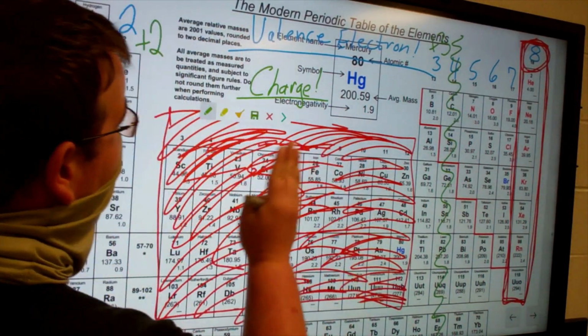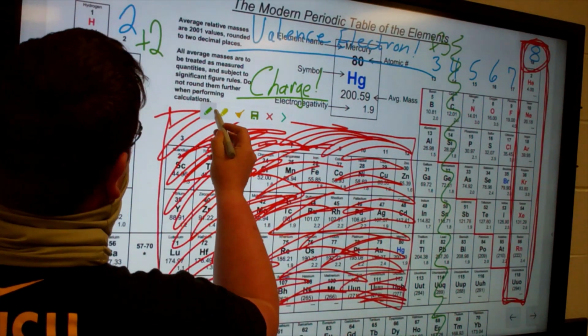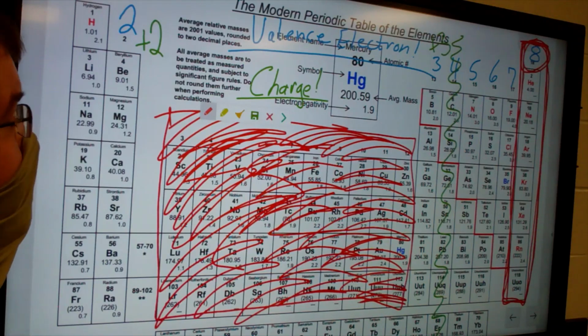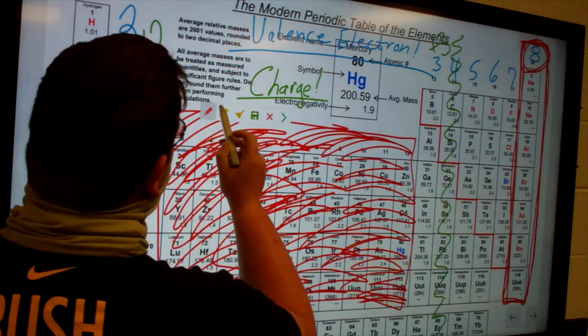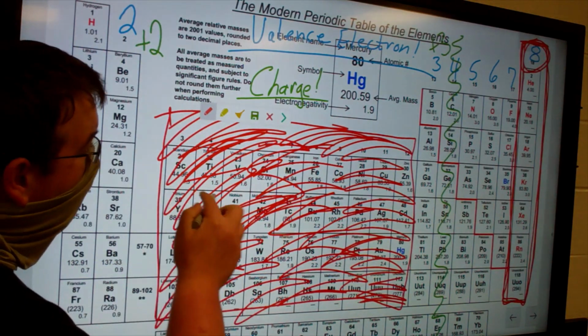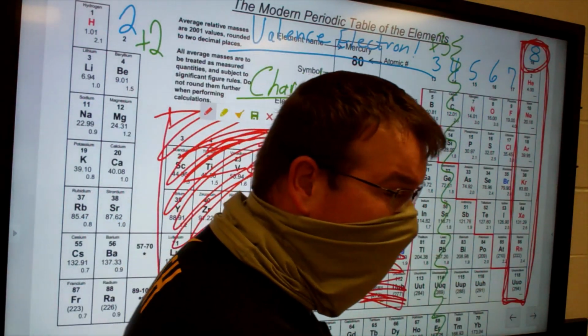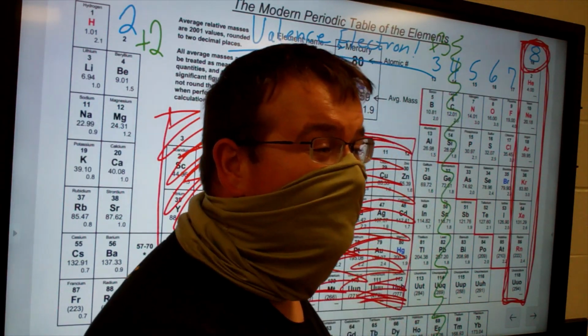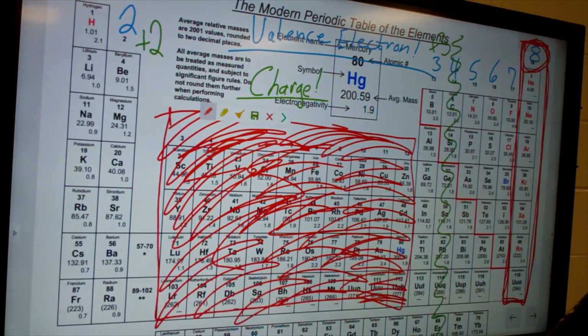Once we get to column 14, that's the changing point, the change from positive to negative. Column 15 has 5 valence electrons. It's easier to pick up 3 than lose 5. Electrons are negatively charged. I gain them, so it forms a negative 3 charge.